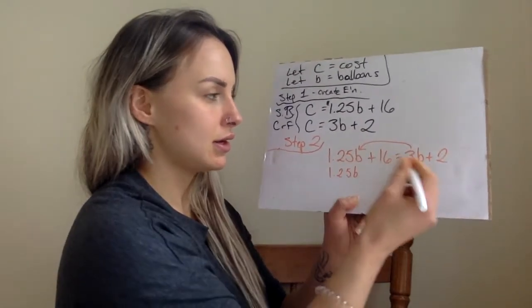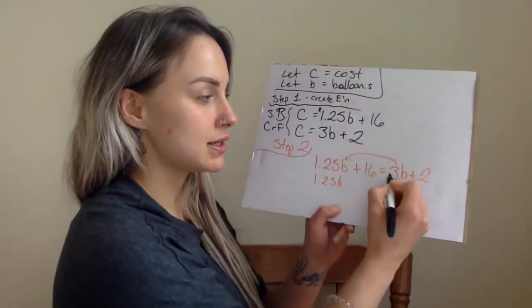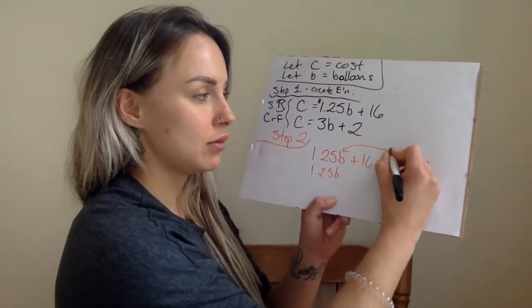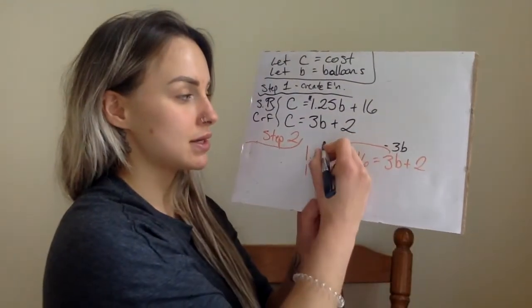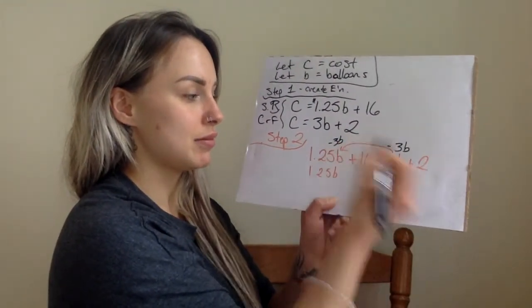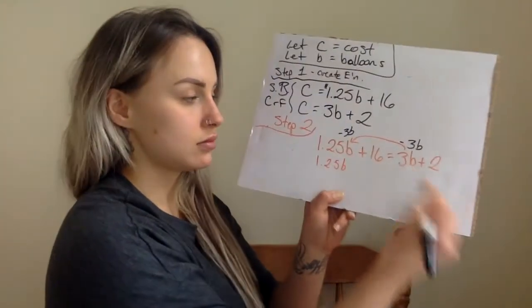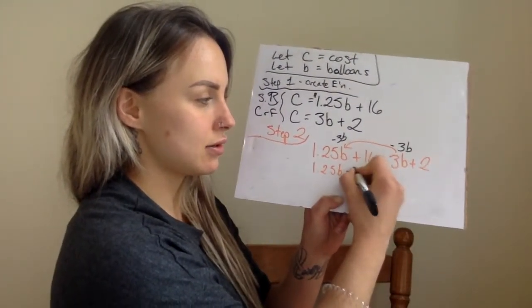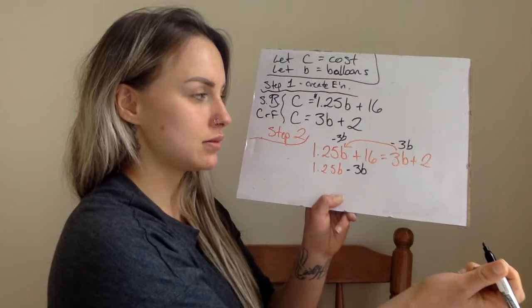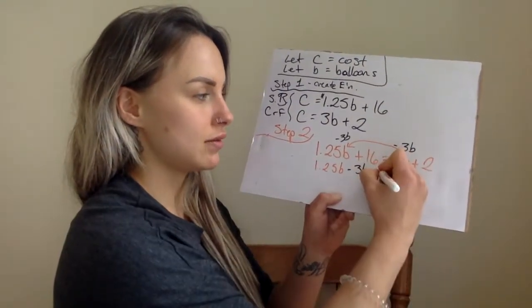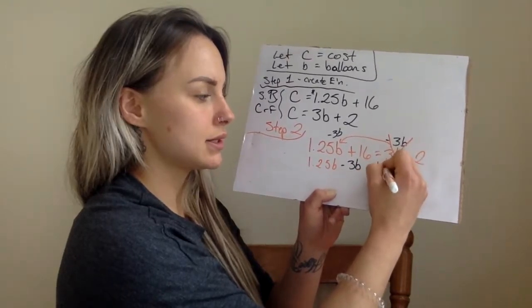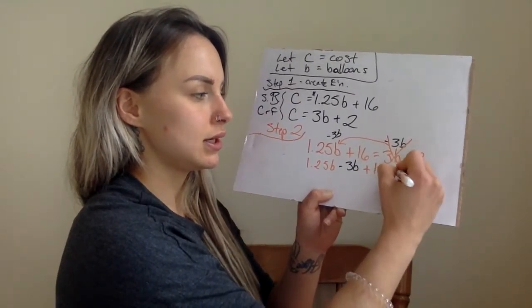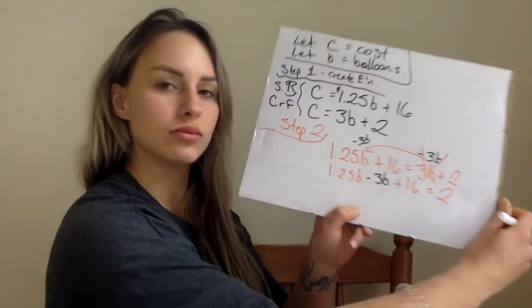1.25b, and to bring this over, because it's a positive here, we need to minus 3b from this side, which makes us minus 3b from this side. And then we finish the rest of the equation. Because this is now crossed out, it is plus 16 equals 2.